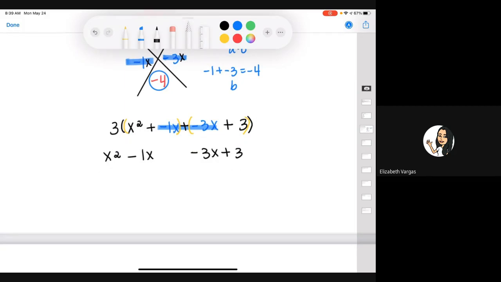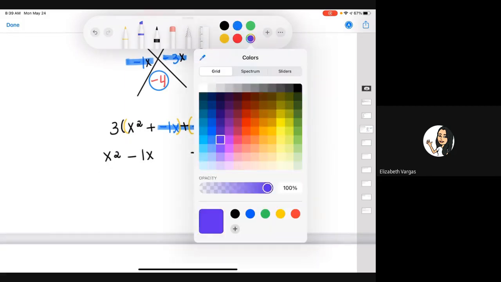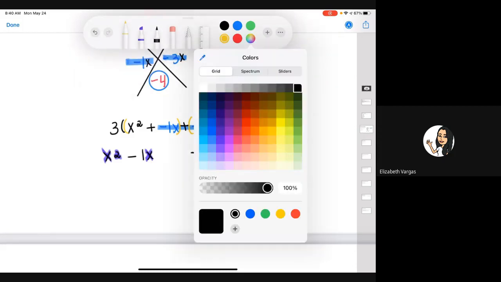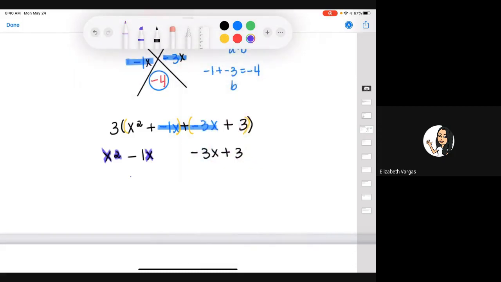Now, whenever I have polynomials like this, I know I'm looking for the greatest common factor. Here, I do not have two whole numbers, but I do have two x values. If I have two x values, I'm looking for the smallest of the two, which is x. So that is the factor that I'm taking out, x. Over here, I do have two whole numbers. And so I'm taking the greatest common factor of those.